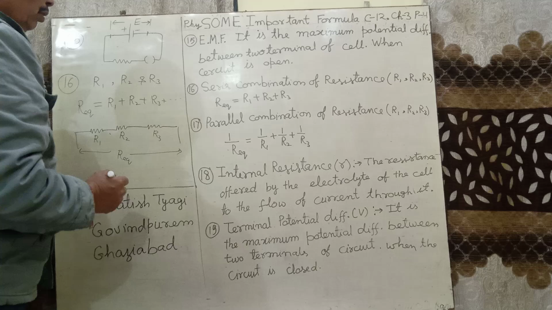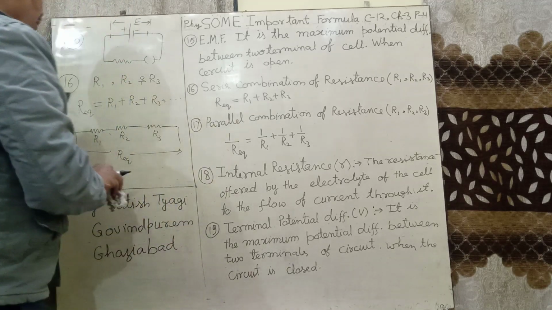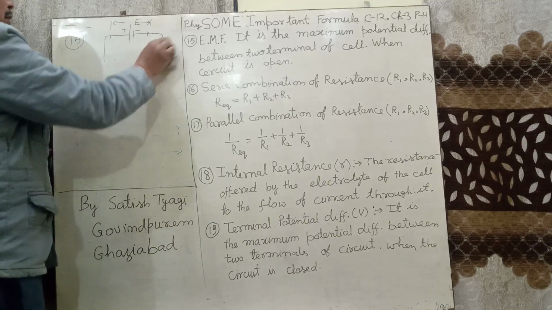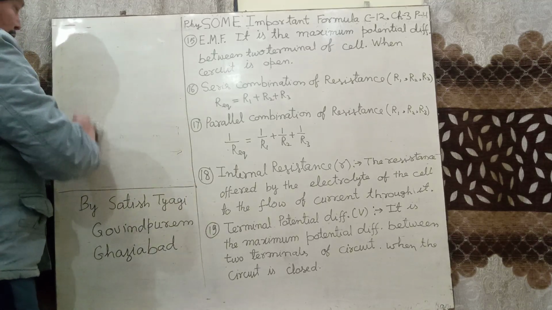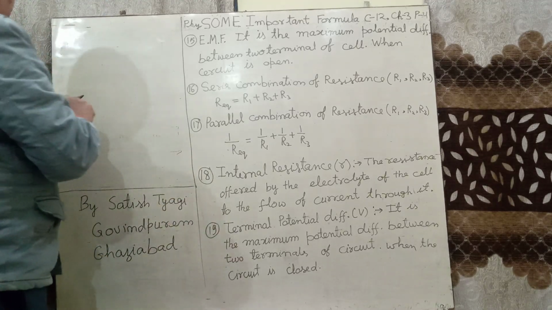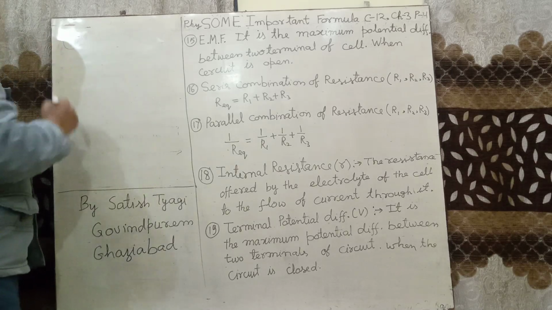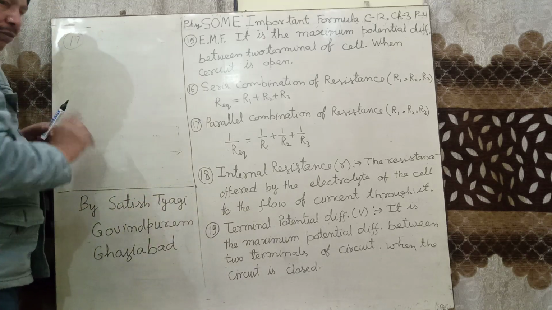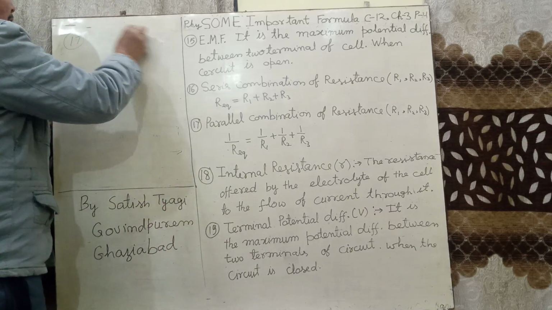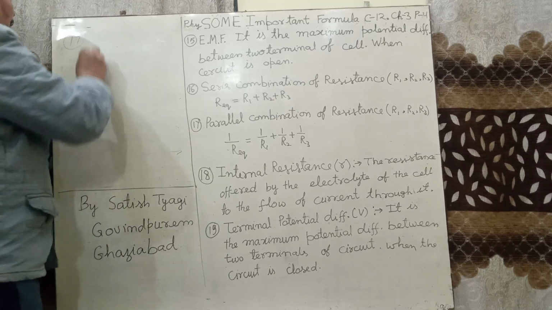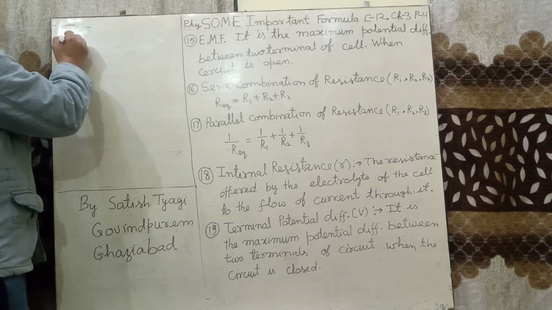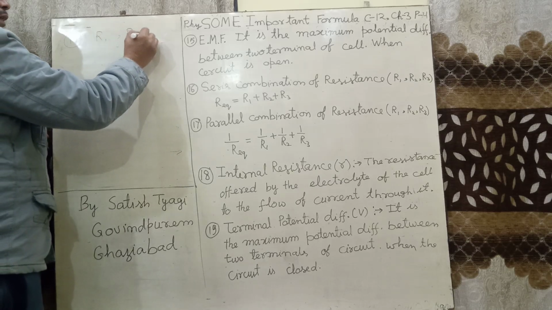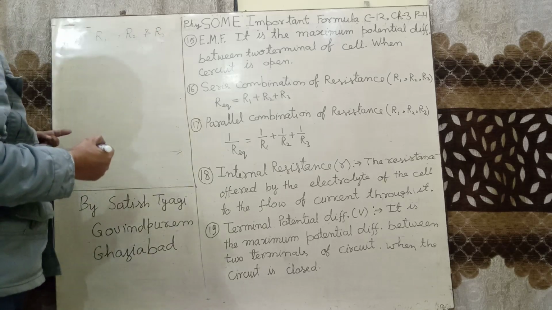Now I am telling you formula number 17. In the parallel combination of resistances, suppose three resistances R1, R2 and R3 are connected in parallel combination.